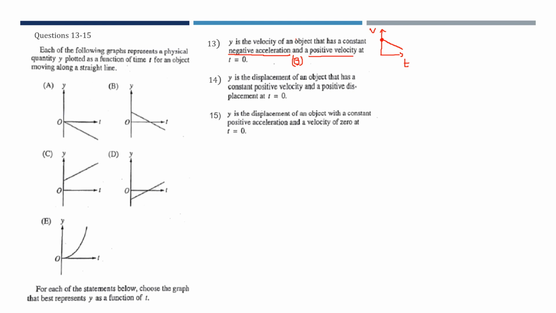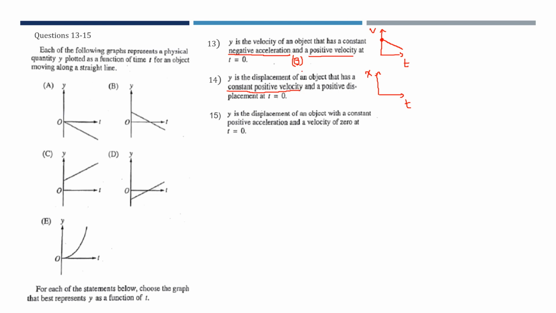For question 14, y is the displacement of an object that has a constant positive velocity and a positive displacement at t equals 0. Now we would like to find the relationship between displacement and time. Constant positive velocity means we have a positive slope.